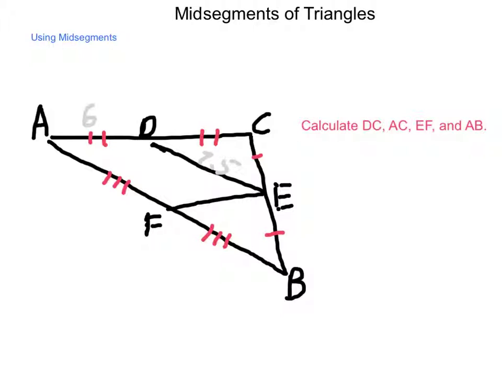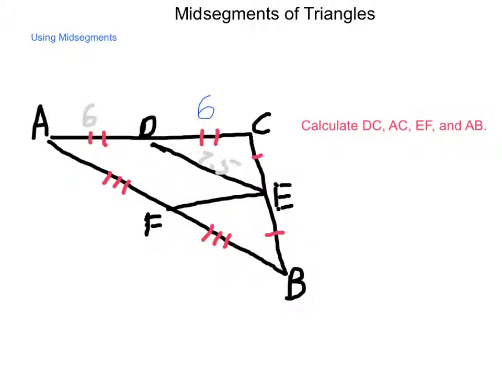We need to find the measurements of DC, AC, EF, and AB. So let's take a look at them one at a time. Line segment DC. Well, line segment DC is the other half formed from midsegment DE. So if AD is 6, then DC would have to be 6 as well.